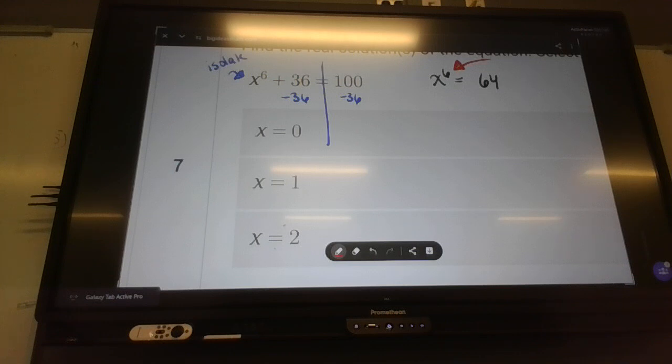So I know since this is an even power, I'll use plus and minus. 6th root, 6th root. And I get x equals plus and minus 2. Yeah, good job. And so it says select all that apply, pick the 2 and the negative 2.